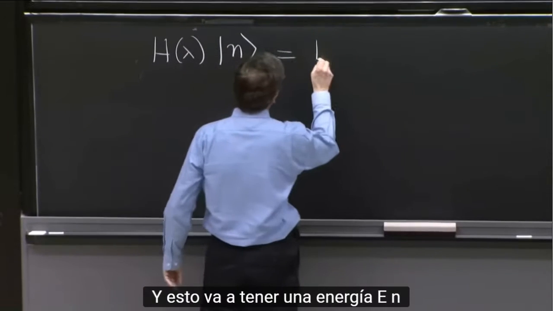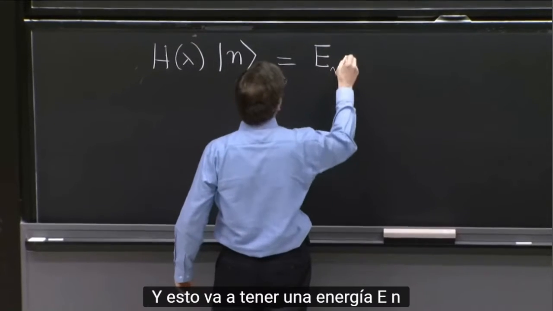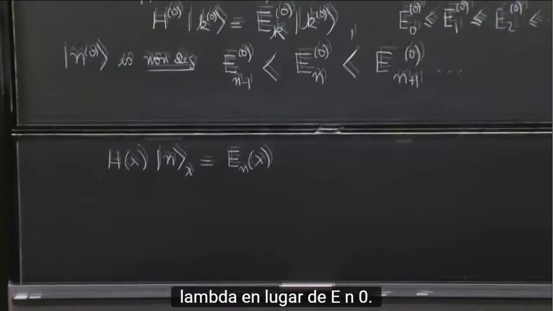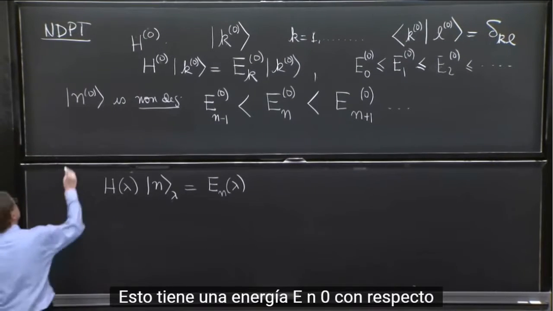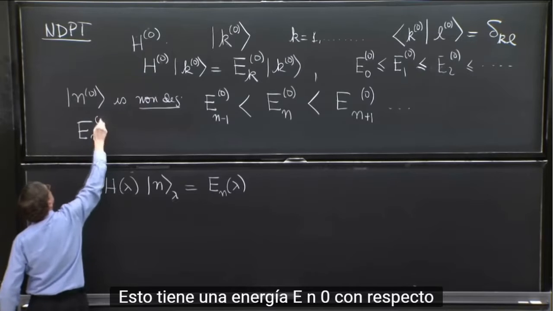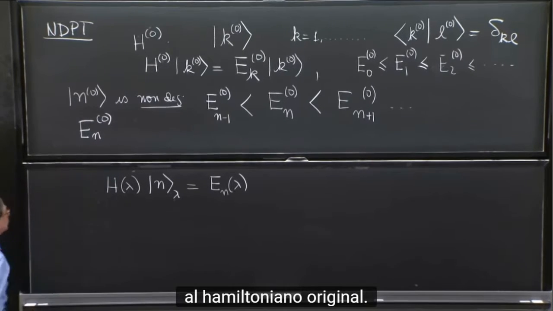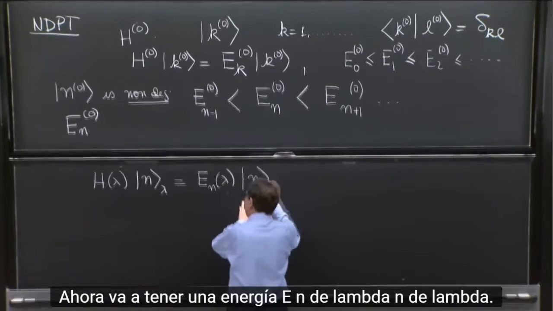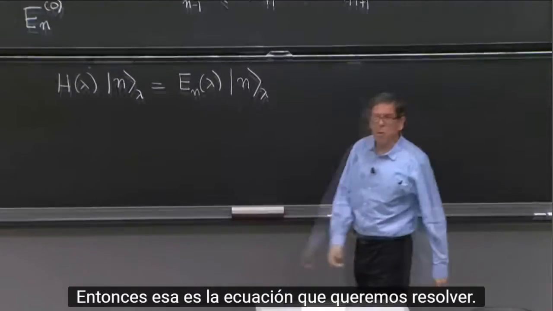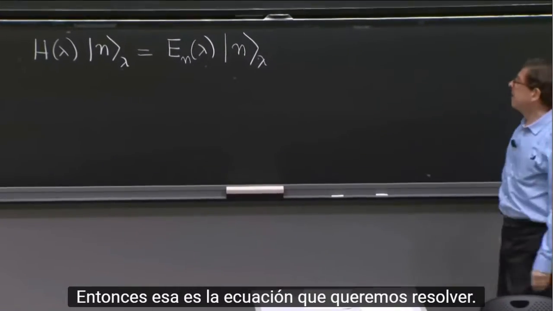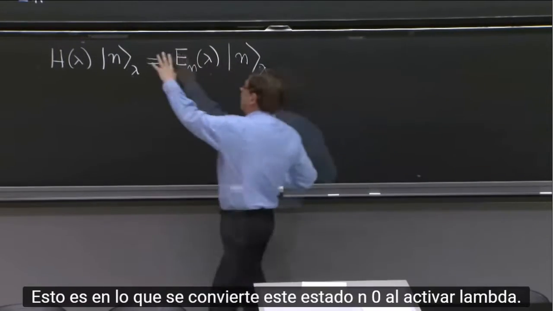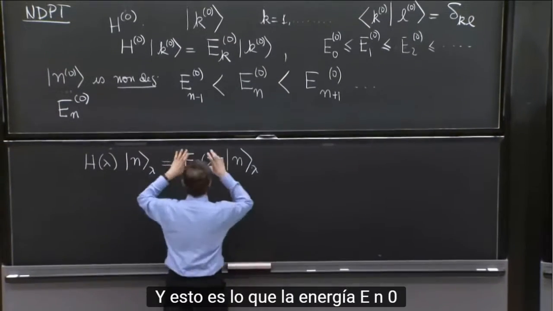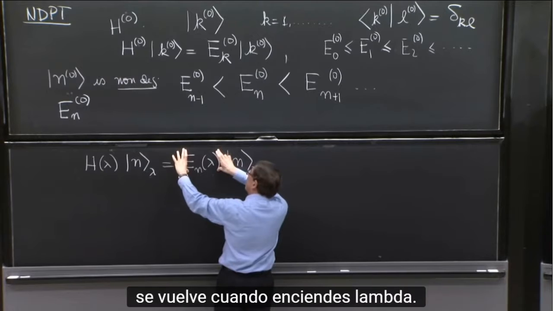And this is going to have an energy En of lambda instead of En0. This has an energy En0 with respect to the original Hamiltonian. Now it's going to have an energy En of lambda, n of lambda. So that's the equation we want to solve. This is what the state N0 becomes as you turn on lambda. And this is what the energy En0 becomes as you turn on lambda.